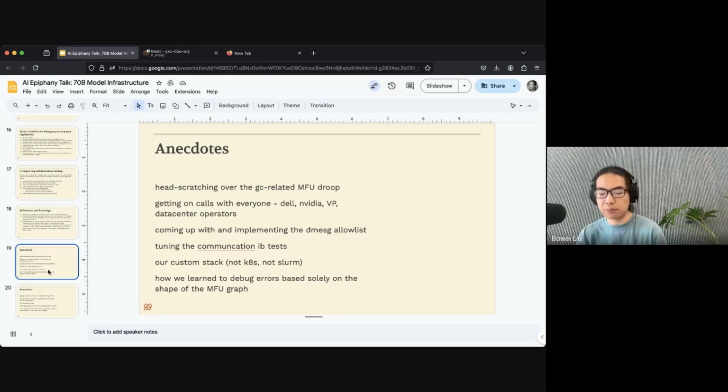So we got on calls with basically everyone we're involved with, Dell, NVIDIA, Voltage Park, and the folks physically on hand in our data center, to understand which components are most likely to fail, or which components are more important to check more often and can fail by themselves, as opposed to those more likely to fail only on power cycles.